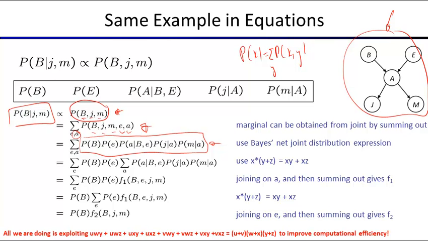Now comes the special thing, how do we speed this up? Why is it that in variable elimination we can do this faster than doing full inference by enumeration? Remember this thing? x times (y plus z) is equal to xy plus xz. That's what we're using. In a more elaborate way, if you multiply together (u plus v) with (w plus x) with (y plus z), that is 3 sums and 2 multiplications.